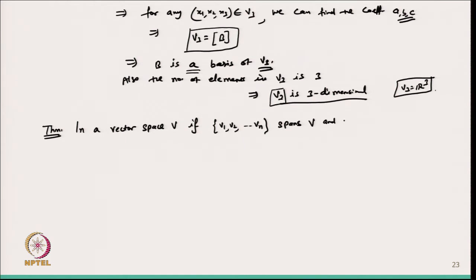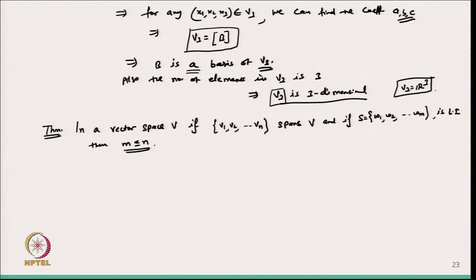and if I take a set S that contains the elements W1, W2, up to Wm, and S is linearly independent, containing the m elements, then it says that m is less than or equal to n.